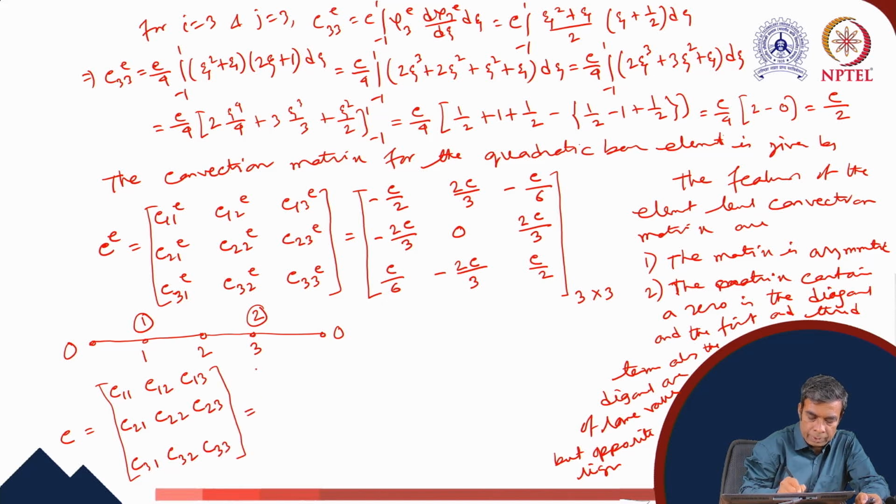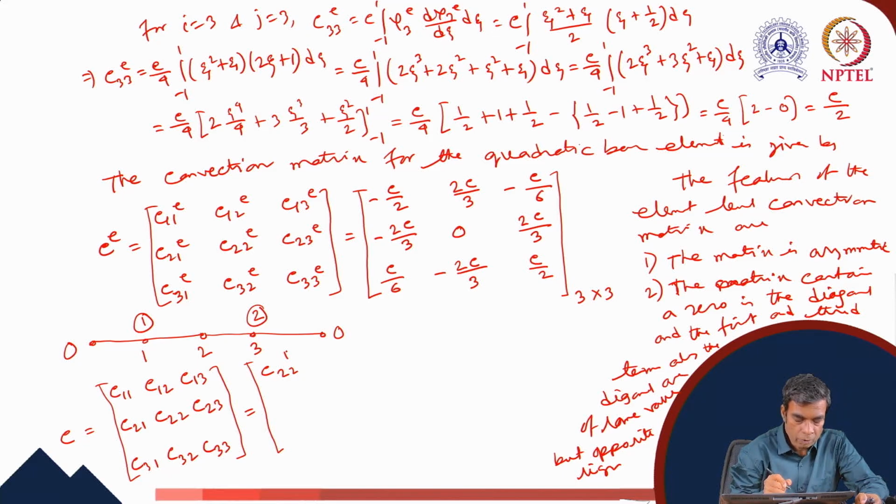Now C11 will be C221. Then C12 will be C231. Then C13 will be 0 because 1 and 3 do not belong to the same element.